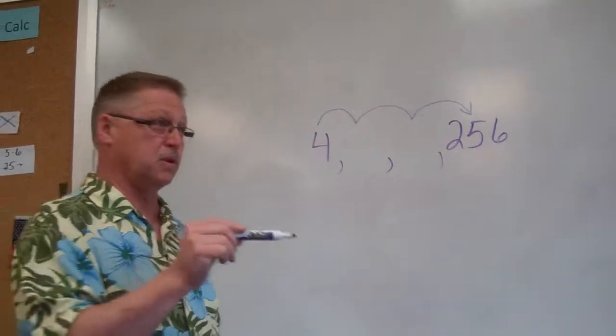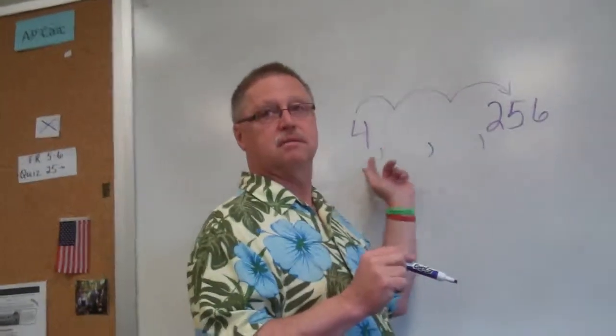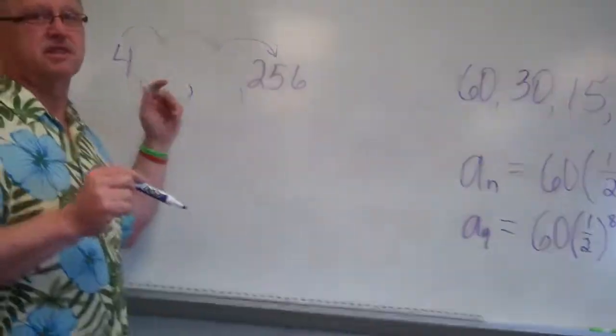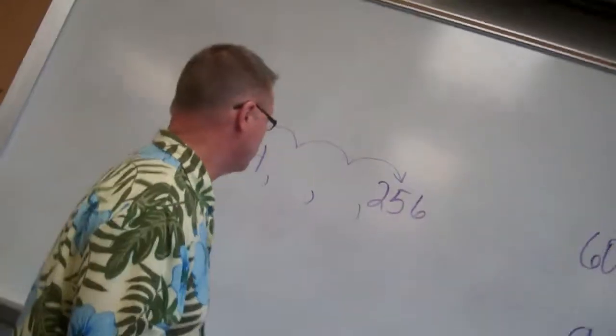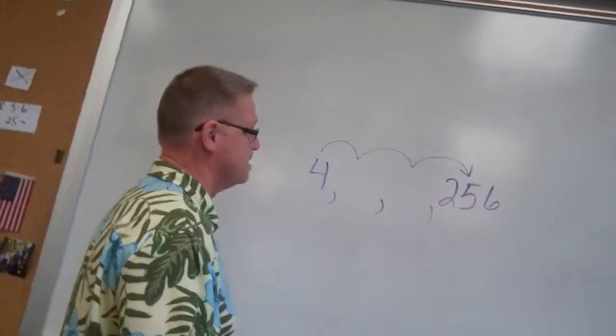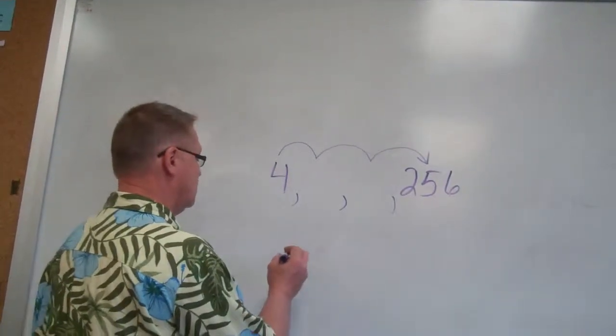Back when we were doing the arithmetic, we would just subtract to get that. Well, these aren't adding, these are timesing. So we have to do 256 divided by 4.